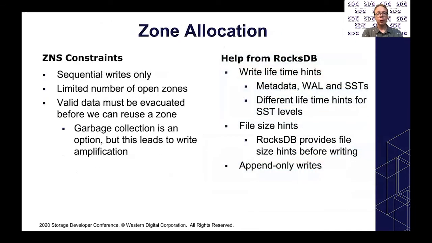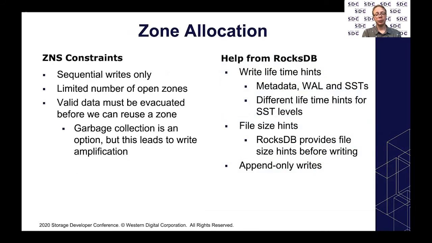And how do we do allocation then? We don't do a simple mapping from file to zone. So we wanted to do something smarter, right? And we have these ZNS constraints to work with. Like you need to do sequential writes only, have to limit the number of open zones, and valid data must be evacuated before we can reuse a zone.